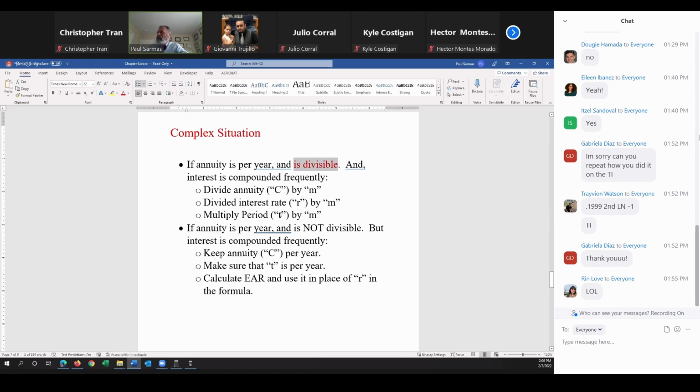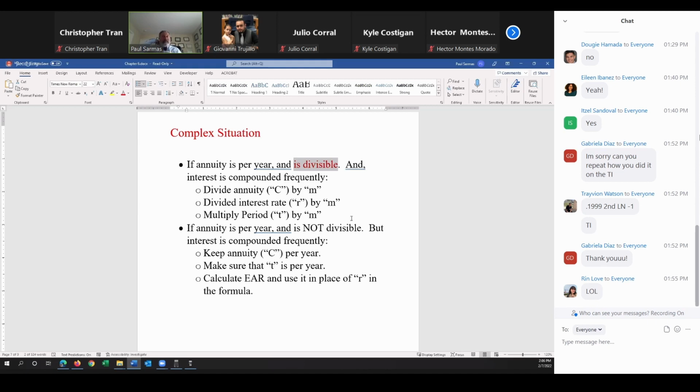Multiply your period T by M. Everything has to be the same M. If interest is compounded monthly, your C has to be per month, your period has to be number of months, your interest has to be per month. If interest is compounded daily, your C has to be per day, your T has to be number of days, and your R has to be per day.